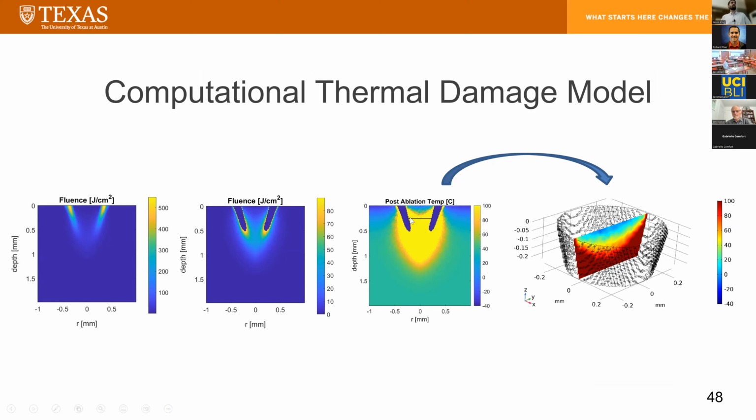And then we have the tissue ejected here to match the volumes of tissue that we were harvesting experimentally. And then we put this into COMSOL, where we can do a computational analysis of the heat transfer and look at the predicted thermal damage.